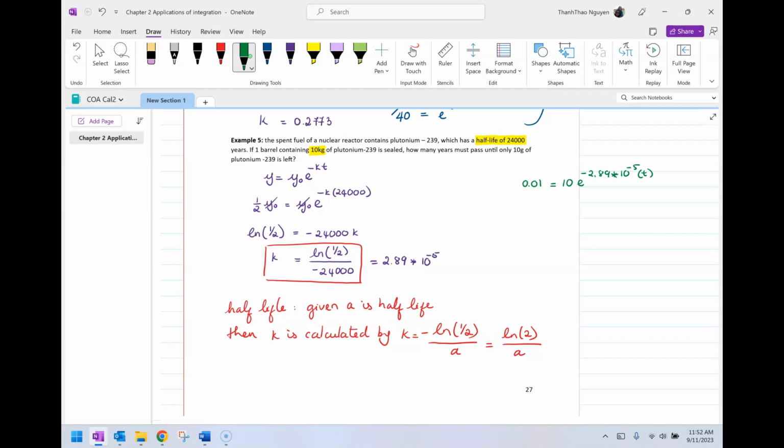So then 0.01 divided by 10 equals e to the negative 2.89 times 10 to the negative 5 t.